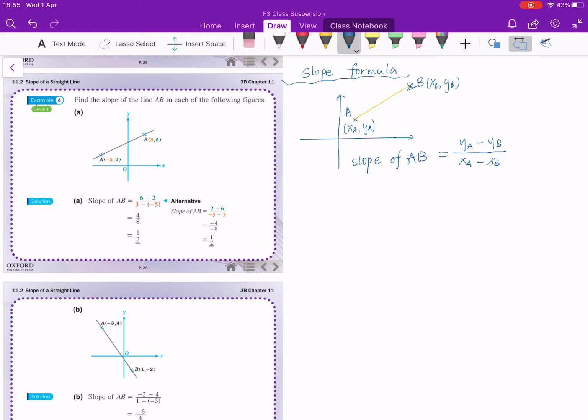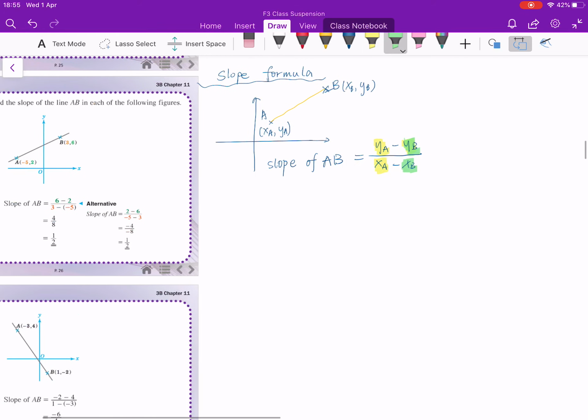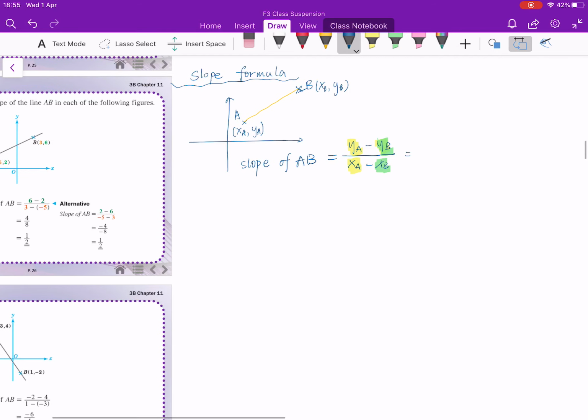But one thing I have to remind you: for both numerator and denominator, you have to use the same order to do the subtraction. In the numerator, you use the y coordinate of A minus the y coordinate of B. Then in the denominator, you use the x coordinate of A minus the x coordinate of B. Or you can change the order: if for the y coordinate you use B minus A, then for the x coordinate you also use B minus A. They have the same value.